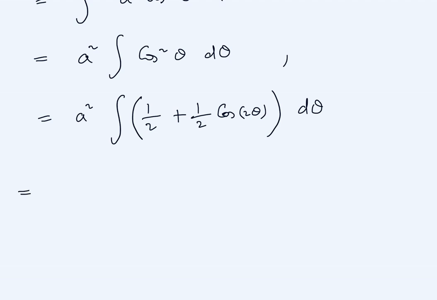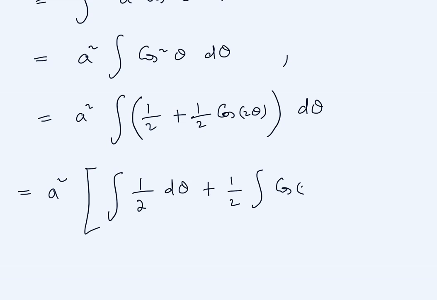So this is the same as the following: a squared multiplied by, square bracket, the integral of a half with respect to theta plus the integral of a half times cos 2 theta. We can place the half outside because it's a constant, multiplied by the integral of cos 2 theta with respect to theta, close bracket.